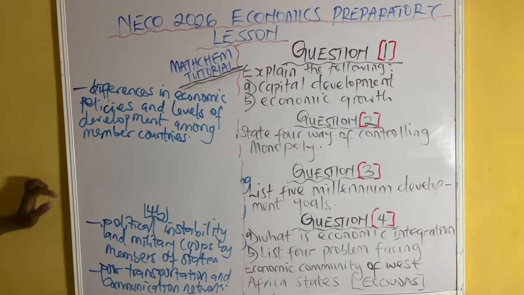Do you know that a lot of countries come together, like in West Africa, a lot of countries make up West Africa. So the differences in economic policy and level of development among all those countries that make up ECOWAS is one of the problems they are facing as well.